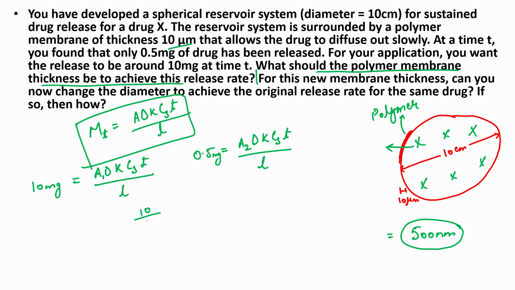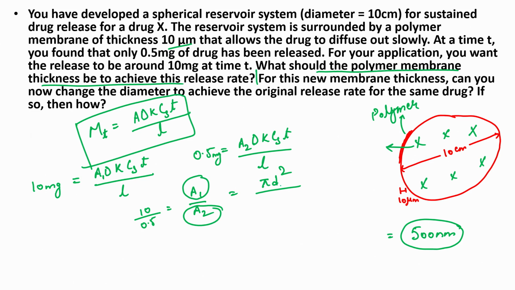So, again we can do the same thing, we can divide them again. So, 10 by 0.5 will basically become A1 by A2, where A1 is the current area, A2 is the new. We can then expand them as well. We know that the area for a sphere will be 4 pi r square, or pi d square, this is a sphere, remember.